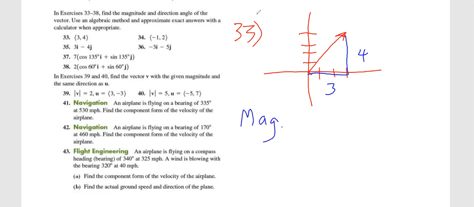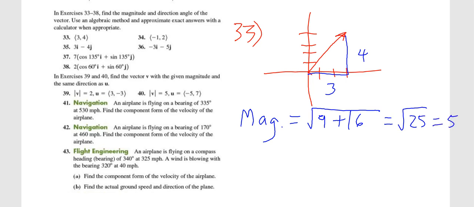Seems like a broken record from what we've been doing the last several days. Come on, geometry, man. Pythagorean theorem. Oops, why did I put a square? Take that out of there. I already squared it. So, square root 25, what do you got there? That is 5. Nice on the magnitude.